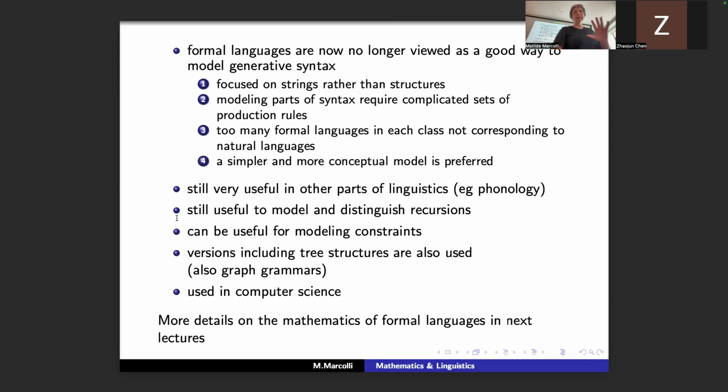Okay, so I will still give you a more detailed account of formal languages, because I think it's useful to know about this, especially because they can be useful for modeling other things. They're used in modeling for computational biology, for computer science, and a lot of other things. So I will tell you more about formal languages today, and then I'll move on to other things.